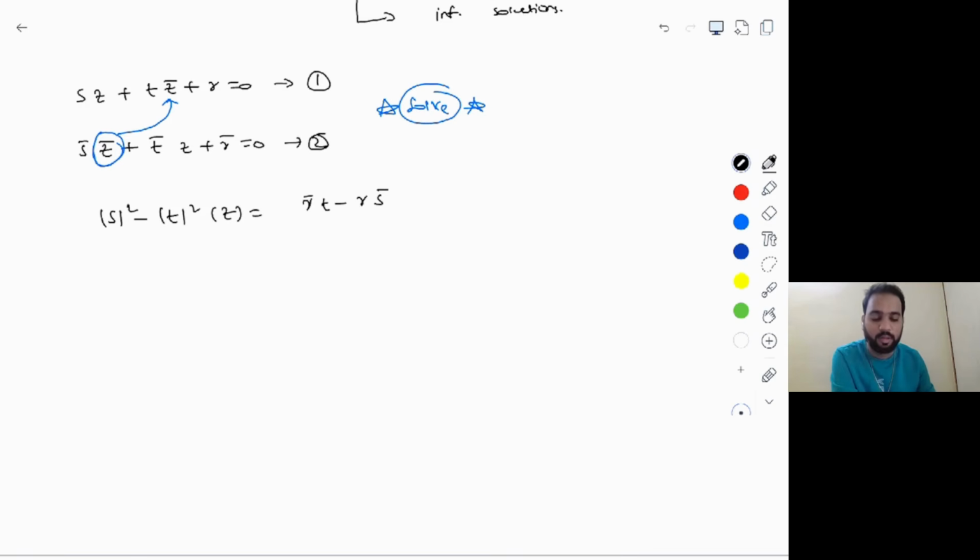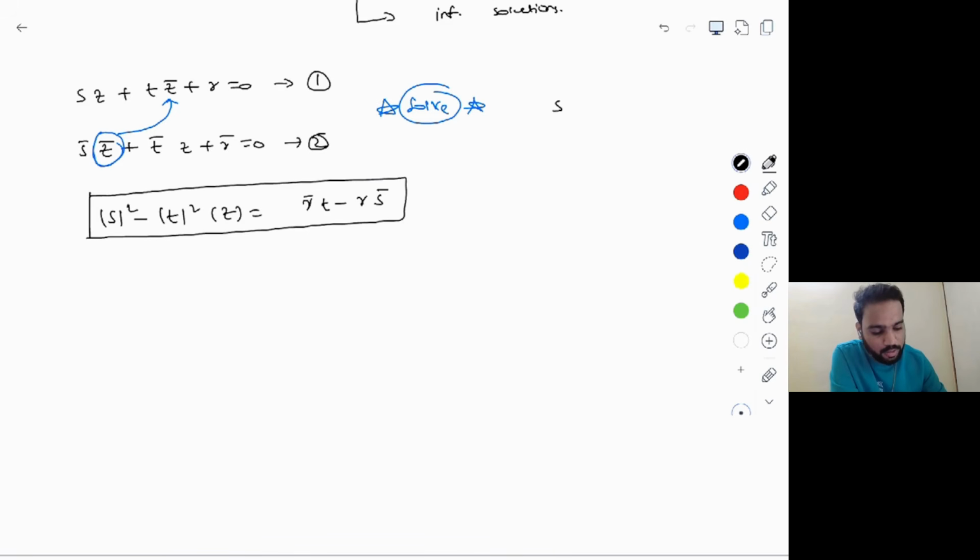We are getting it in terms of mod S and mod T because while solving, you will come across S into S bar, which is nothing but mod S whole square. Similarly, you are seeing mod T whole square because you will come across T into T bar, which you'll replace with mod T whole square.